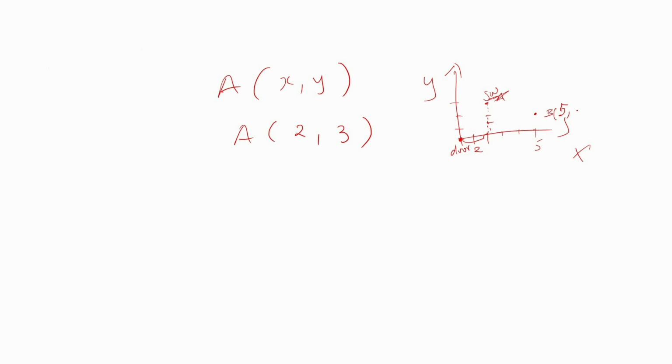Now, in the plane XY, with units, if I write (2, 3), I'm directing you to this point A, which is 2 units horizontally, and you move up 3 units to reach the point.